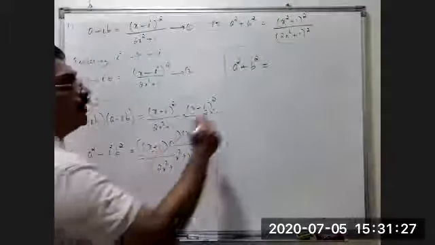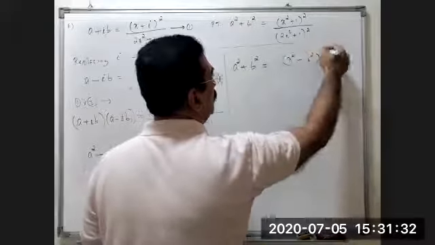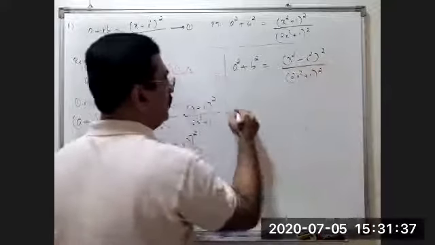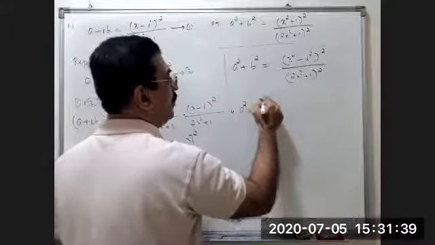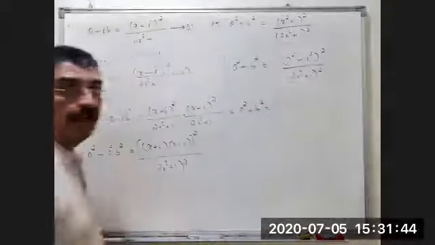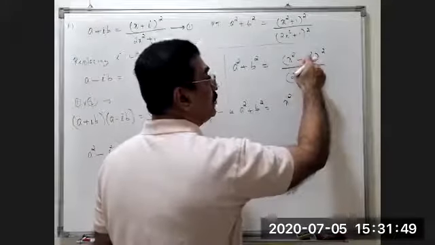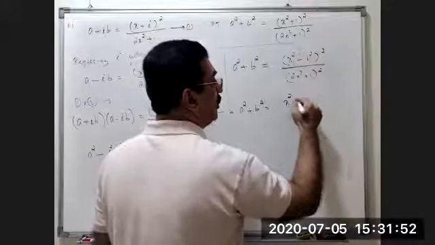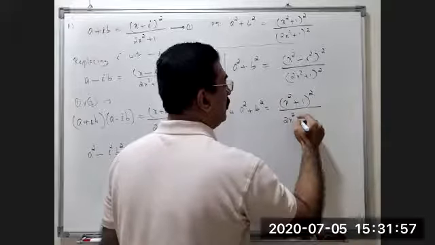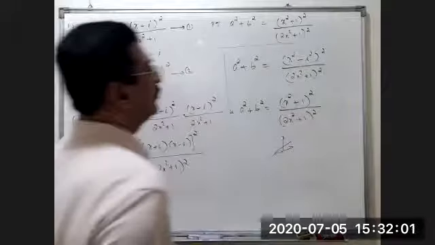Again, (x + i)(x − i) is x² − i², the whole squared, by (2x² + 1)². That is a² + b². Again, i² is minus 1, we know it. So this is x², minus of minus 1 becomes plus 1, the whole squared, by (2x² + 1)². That is what we needed to prove.